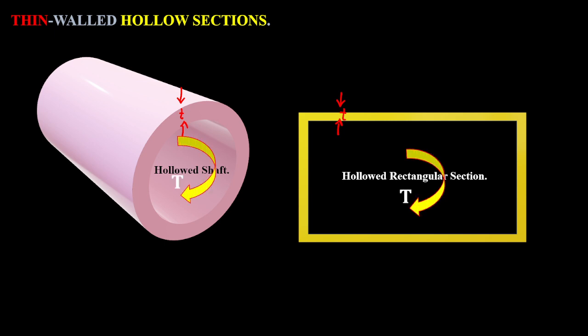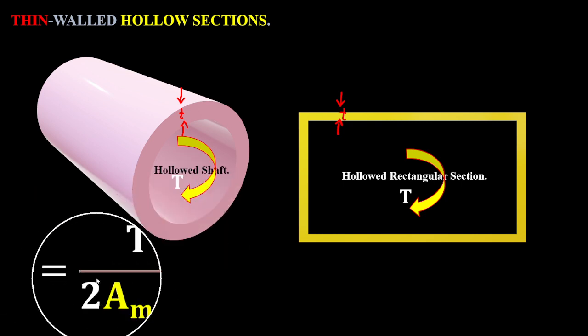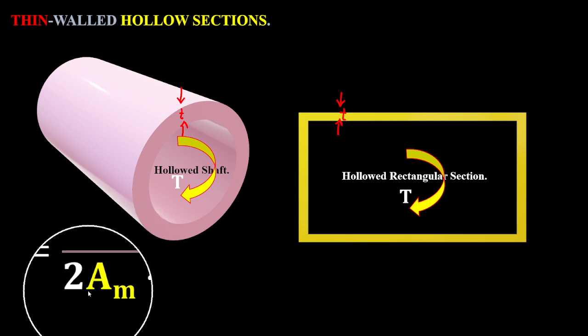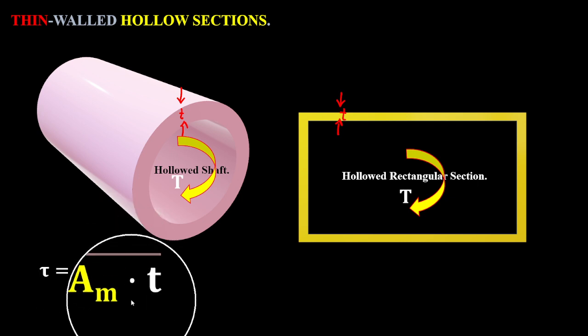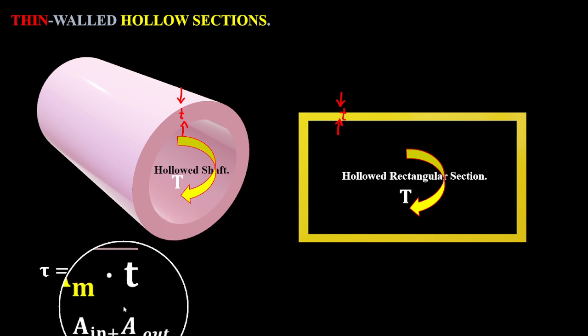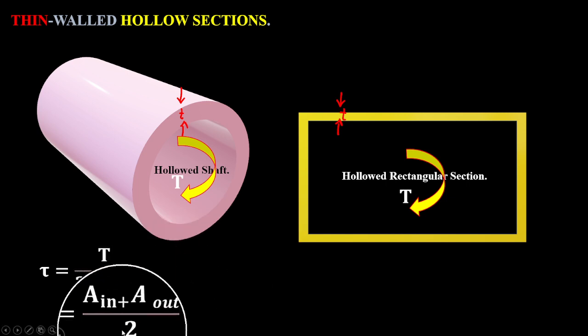And if they are handling a torsional torque of T, we want to see in this scenario what is the shear induced due to torsion. This time the equation is the torsional torque over 2 A sub m times the thickness. And A sub m is the average area, the area inside plus the area outside, over 2.